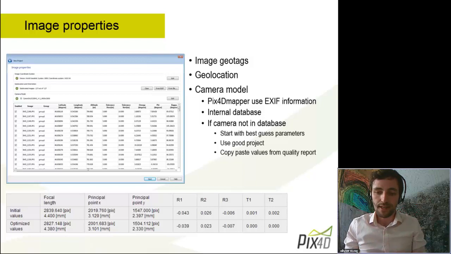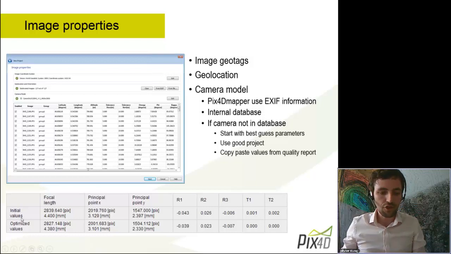What will happen is that the software will start with best guess parameters, which you can also help to refine manually. Then the workflow is to take a good project, meaning a project with sufficient overlap, and process it. The software in the quality report will give you this table.